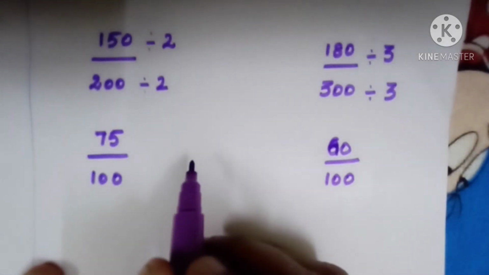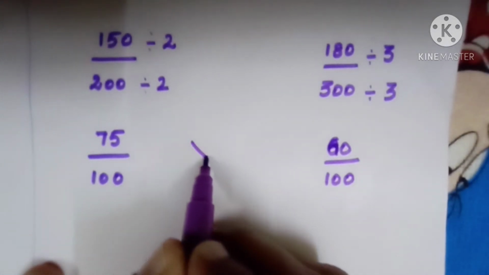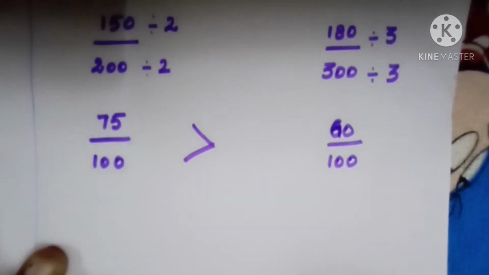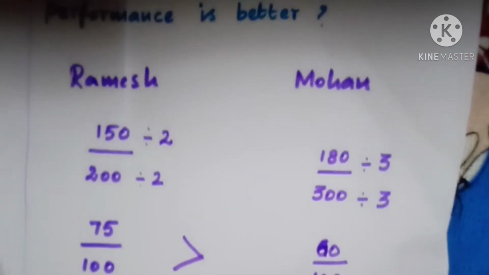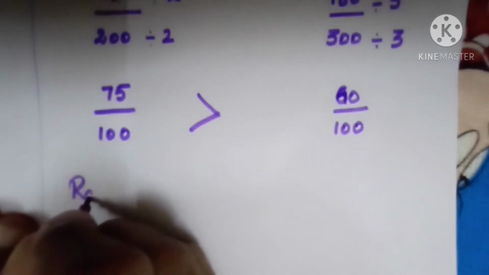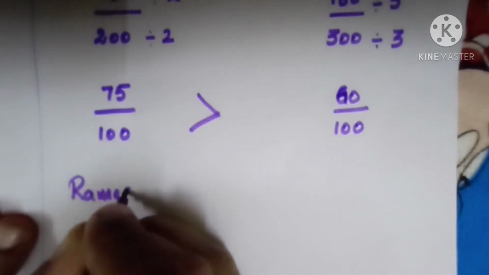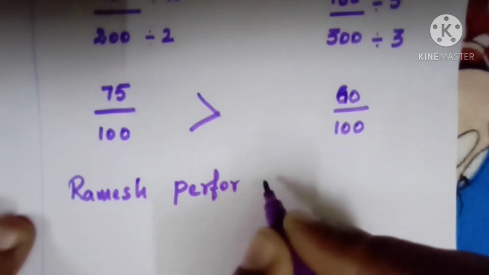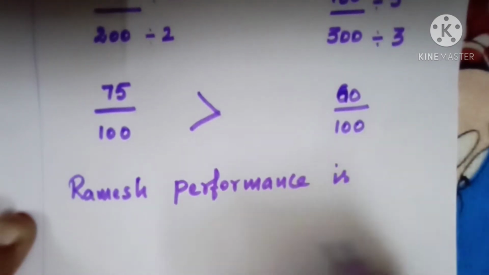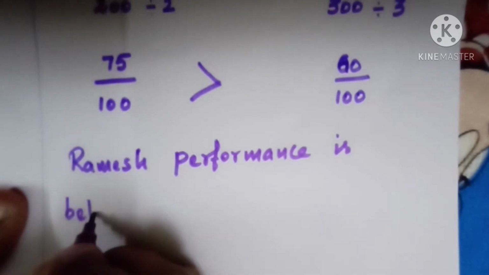Who has scored more marks? Clearly 75 is greater. So whose performance is better? Ramesh. Here Ramesh's performance is better.